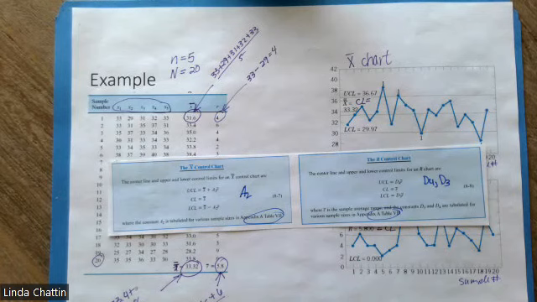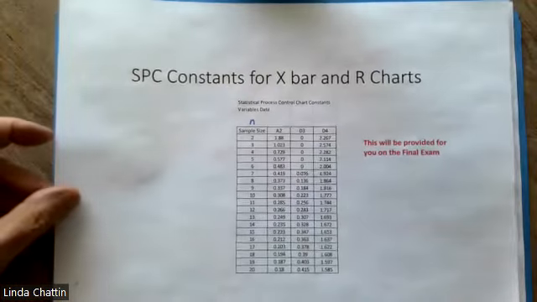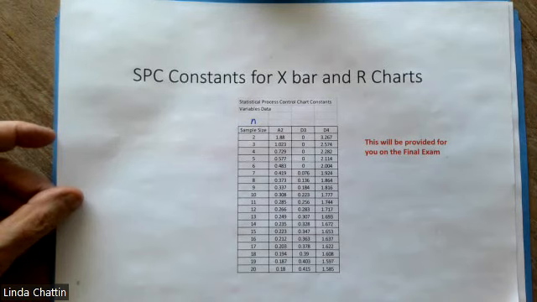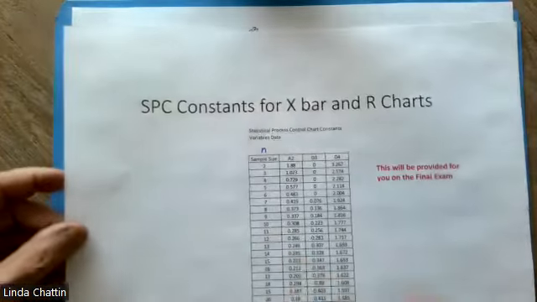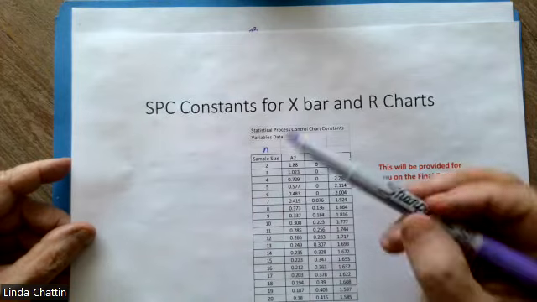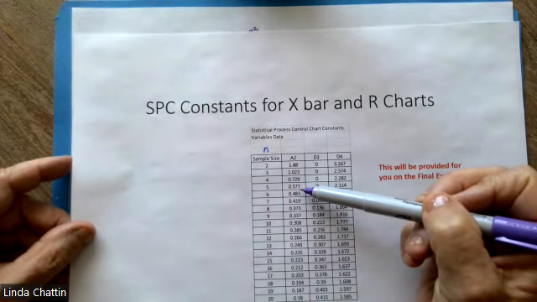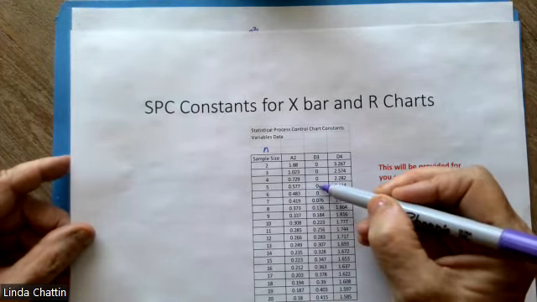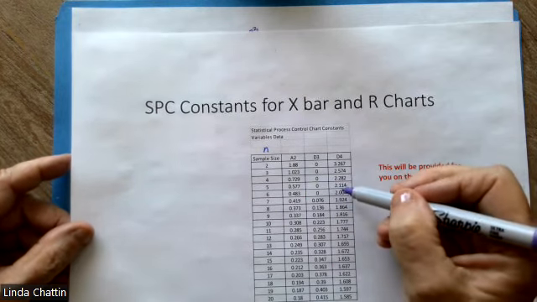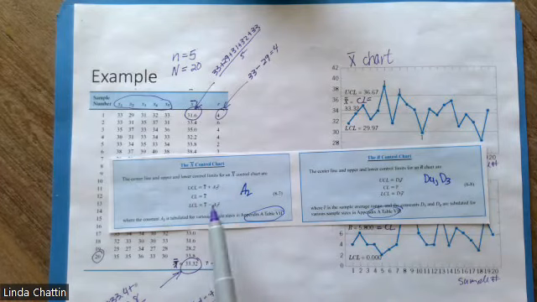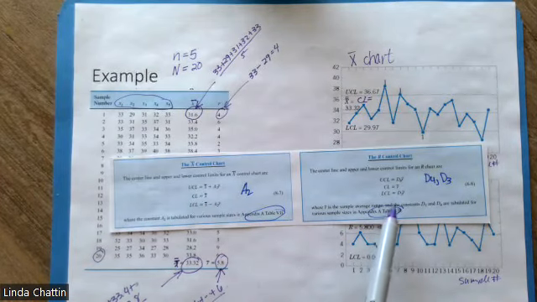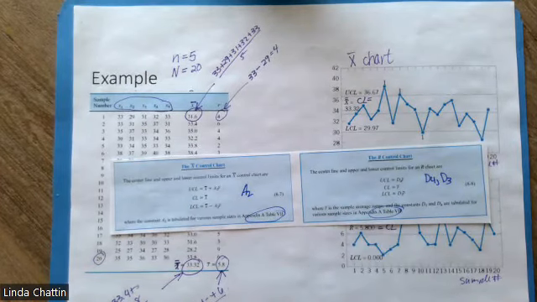And so in the previous lecture, I showed you a list of the constants for X bar and R charts. Because we're using a sample of size 5, A2 is going to be 0.577, D3 is going to be 0, and D4 is going to be 2.114. The A2 is used in the X bar chart, and then the D3 and the D4 are used in the R chart.